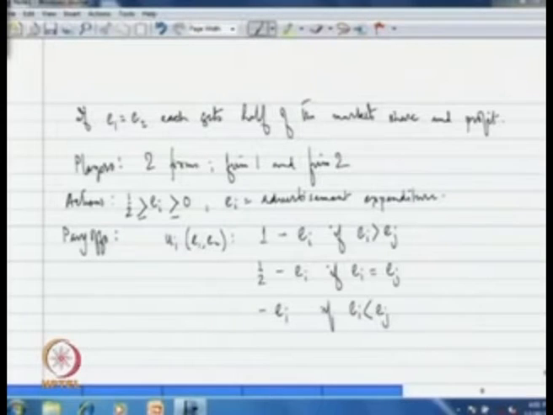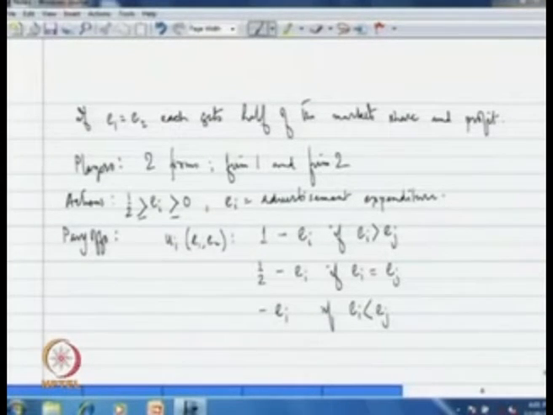Remember, the total market that is there, the highest market share that is possible is 1. So, if my advertisement expenditure is more than the other firm's advertisement expenditure, I get the entire market, the highest value of S in that case is 1.